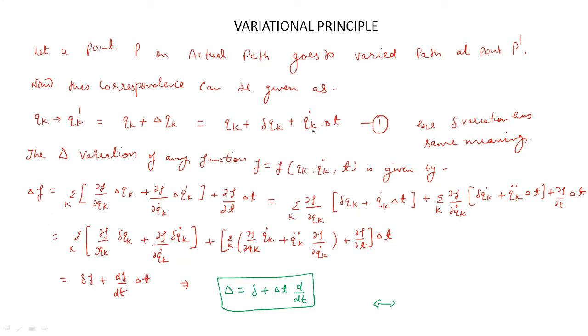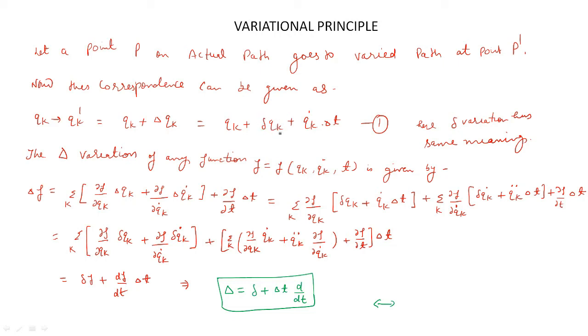Now this delta qk will be equal to delta qk plus qk dot into delta t. This is the horizontal distance and this is because of the vertical distance.